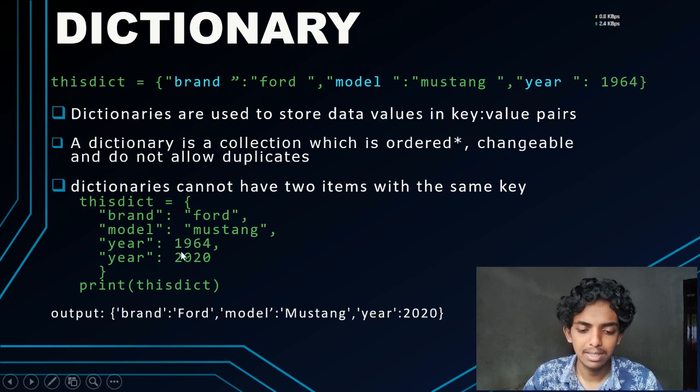One is 1964 and the other one is 2020. So the output will be year is equal to 2020, because it will be overridden.